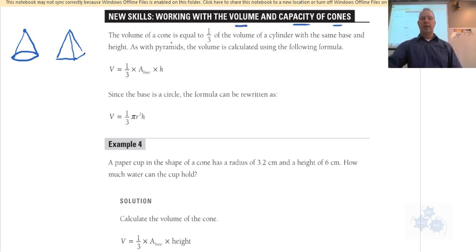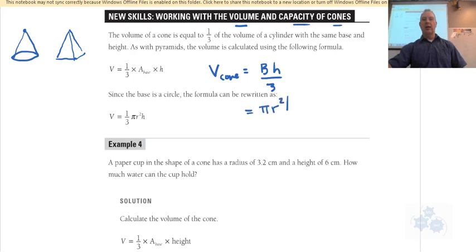All right. So the volume of a cone is the area of the base times the height divided by 3. Doesn't that look familiar? It should. That's just like a pyramid. The area of the base is a little bit different for a cone because it's a circle.